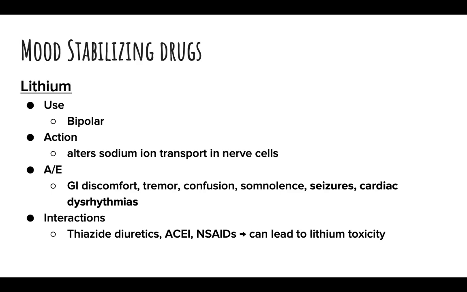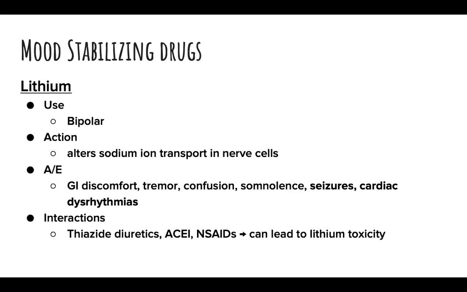Lithium is actually a naturally occurring element in the periodic table, if you want to throw back to chemistry, which is pretty cool. So it occurs naturally in the world. So it's a mineral, right? Areas of the world that have higher amounts of lithium in their rainwater, their runoff water that gets into their water supply, actually have overall lower rates of suicide, which is really cool.